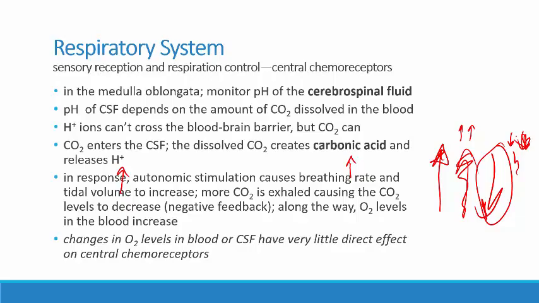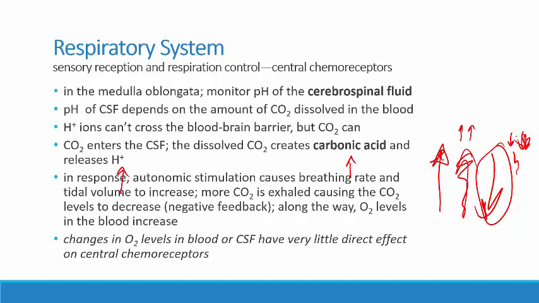And because we're breathing more rapidly and more deeply, CO2 levels will go down, but along the way, oxygen levels go up. Okay, so central chemoreception has nothing to do with oxygen levels, and changes in oxygen levels in the blood are not going to have any effect on central chemoreception.